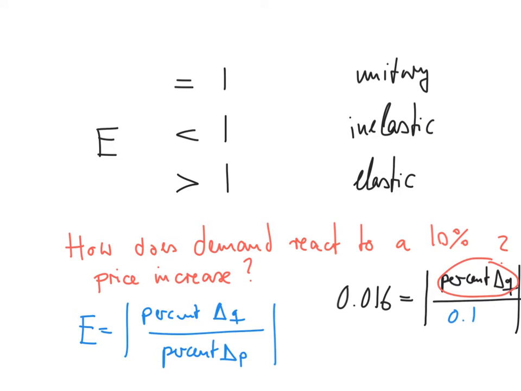So we would get that percent change in Q, percent delta Q, is 0.016 times 0.1, which is, let's say, about 0.0016.